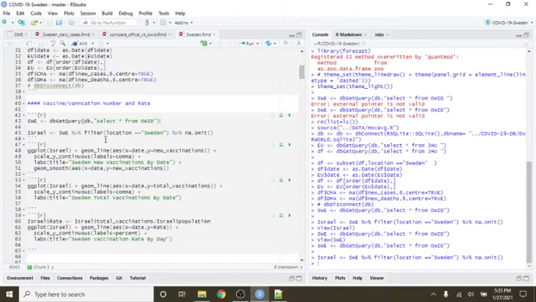Not quite sure why that is, because Sweden has stuff. Let's just try this. Not sure why that isn't working. But let's do this first.